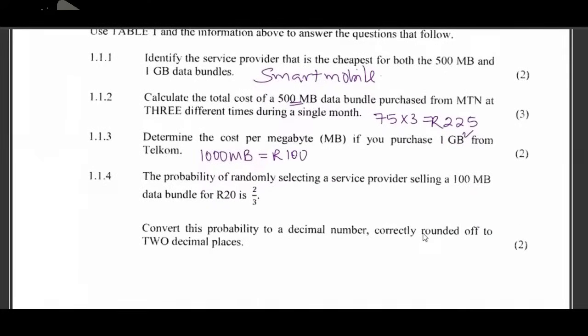But the question wants cost per megabyte, so we divide by 1,000. How much will 1 megabyte cost? 100 divided by 1,000 becomes 10 cents per megabyte.